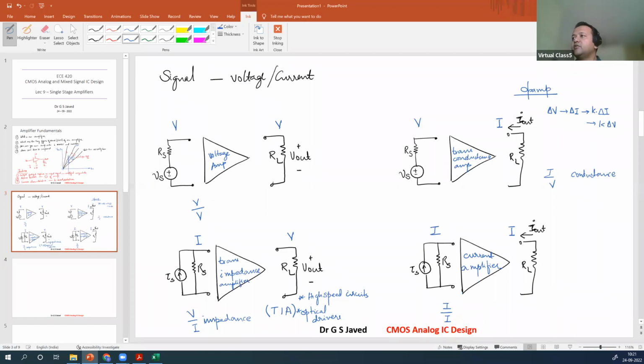You have a transconductance amplifier where you have current over a voltage. You have a transimpedance amplifier where you have voltage over a current, and a current amplifier. So these are the four basic amplifier configurations, whether it is single-ended or differential-ended, or a single stage or a multi-stage. So this is a basic understanding.